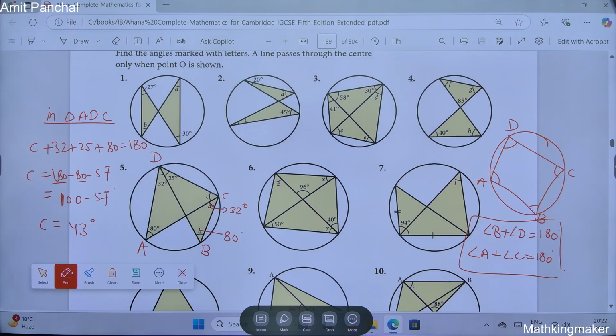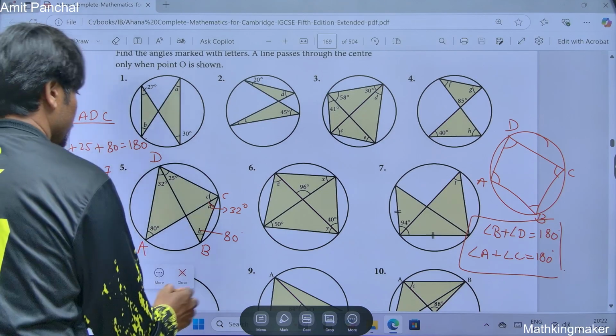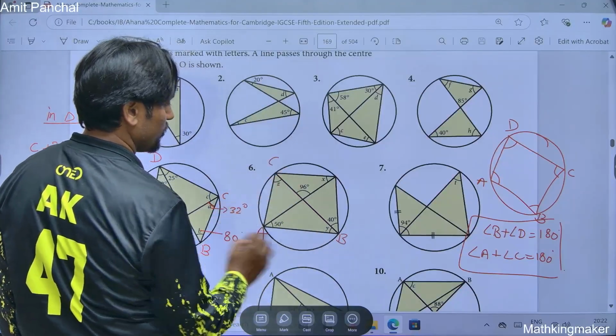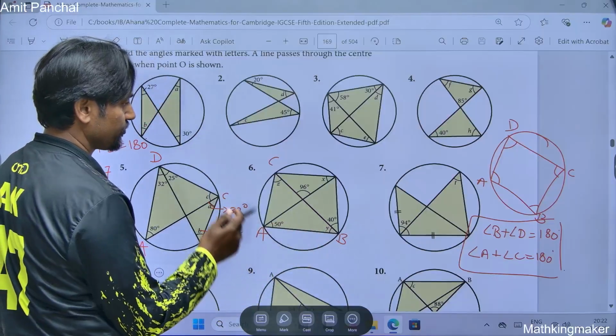Yeah, you are right. Use the concept. You can take this triangle and just apply the triangle concept. You found Y also.